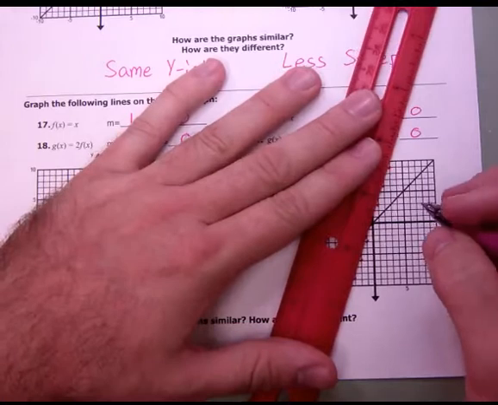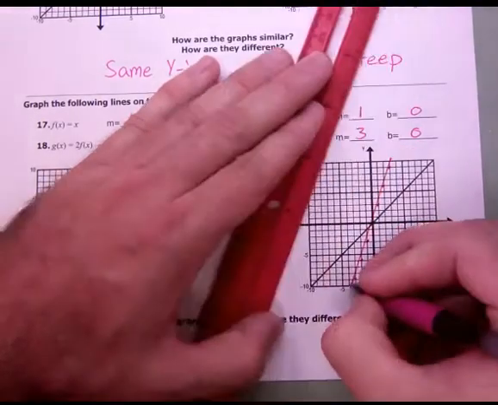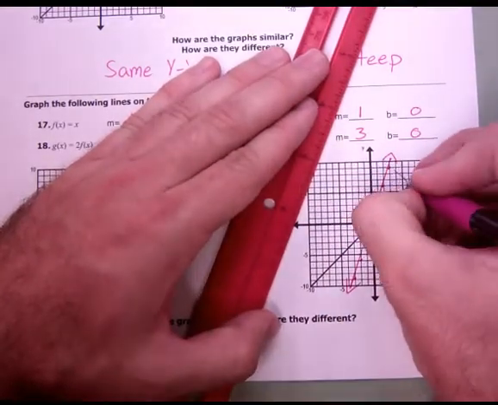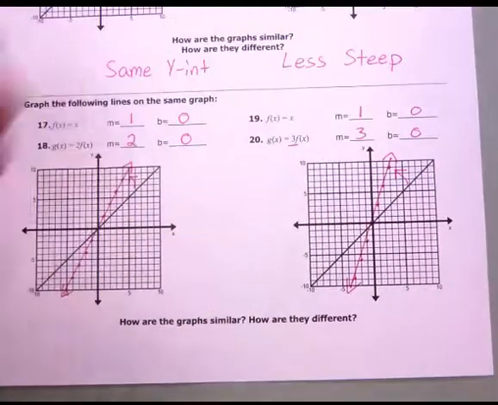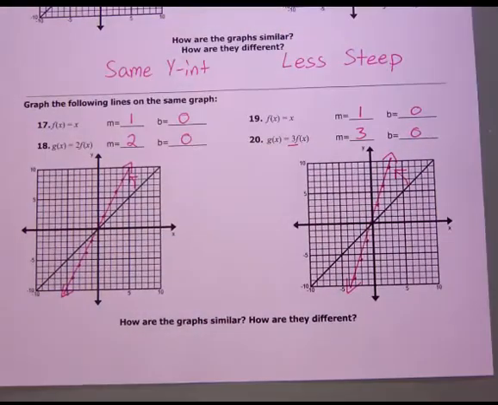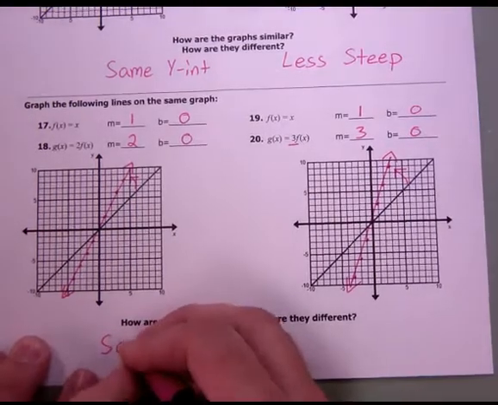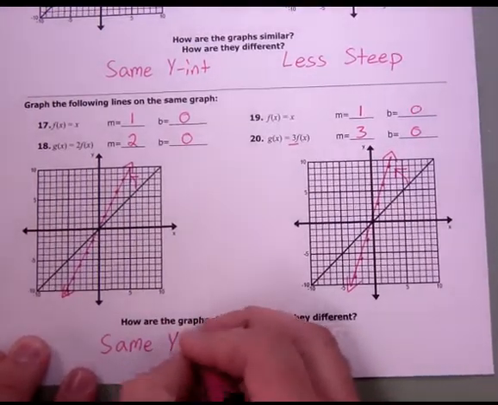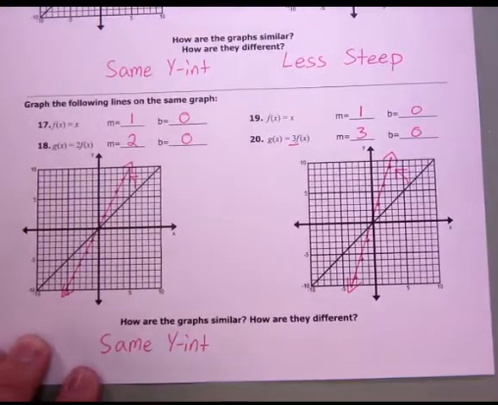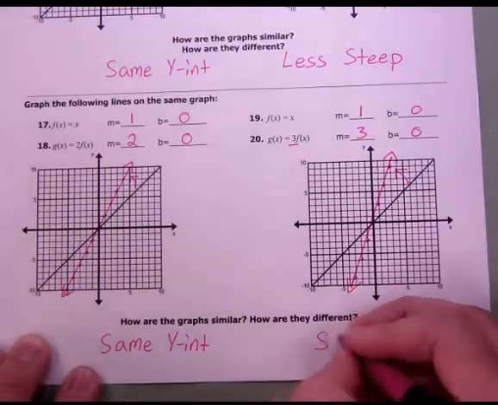We're going to connect the dots. We can see that it shifted to be steeper. All right. And then our observations look much the same. Same y-intercept, and it is going to be steeper.